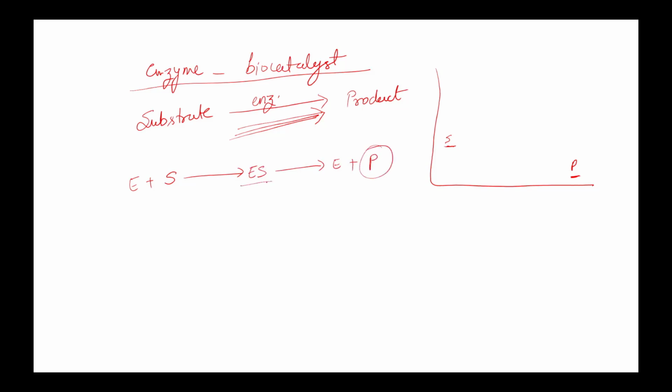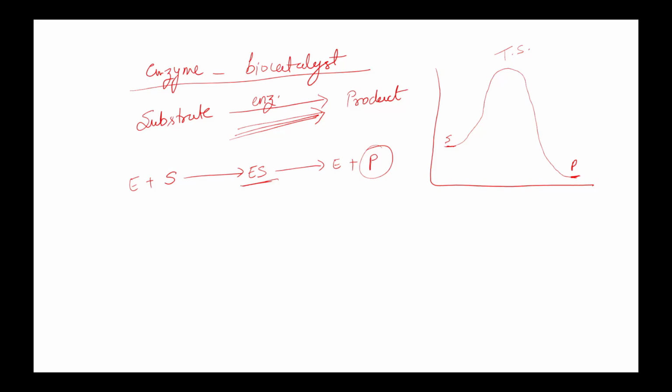In between, this enzyme substrate complex is formed. Generally the reaction takes place like this: the substrate needs to get converted to a transition state, which is highly unstable because of the higher energy, and it then gets converted to the product.